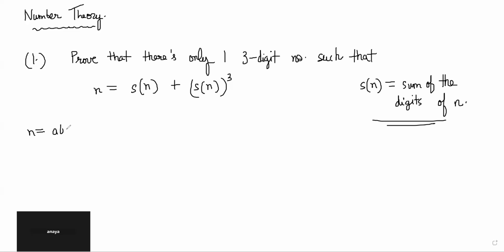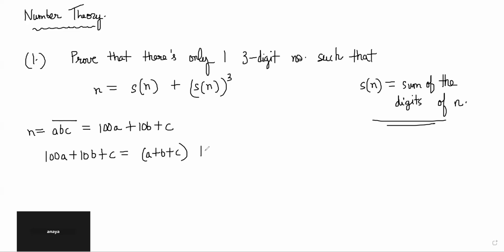So then 100a plus 10b plus c is going to be equal to a plus b plus c plus (a plus b plus c) whole cubed. And then you get that 99a plus 9b is equal to (a plus b plus c) whole cubed. But then you just have to do trial and error from there.